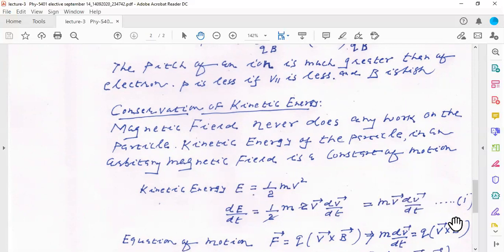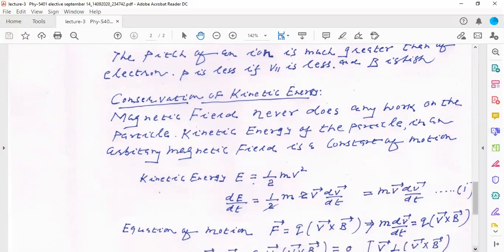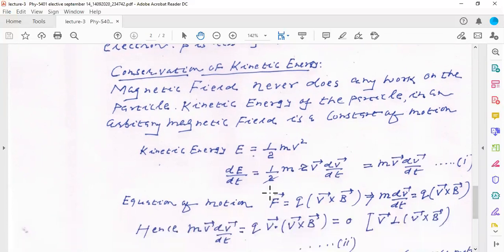Now we already have the equation of motion. The force acting on the particle is given by q into v cross B. This we know. And the force is nothing but mass into acceleration, and acceleration is the rate of change of velocity, so m into dv by dt.